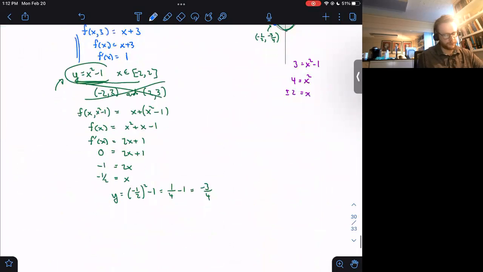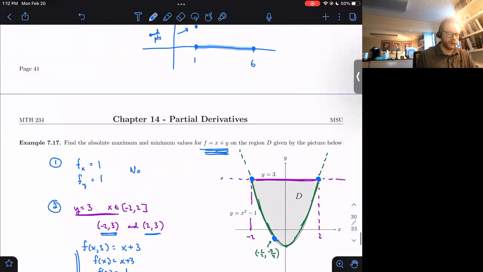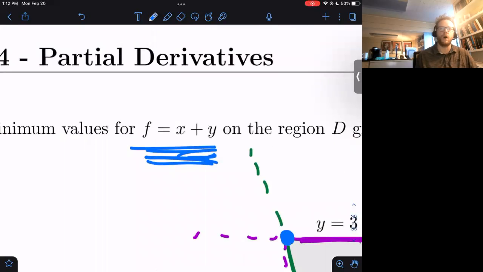And so for step 3, we are going to plug these things into our function. So (-2, 3), (2, 3), and (-1/2, -3/4). And again, remember our function is the summing function. We're just adding those coordinates together, x plus y.